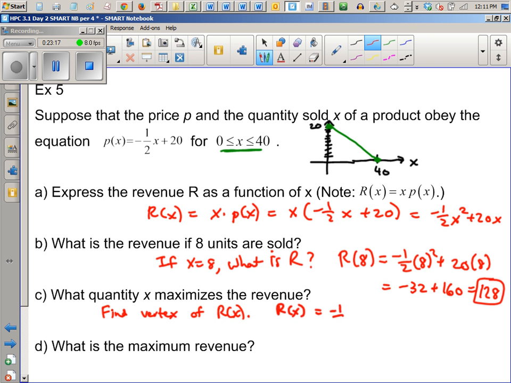It was negative 1/2 x squared plus 20x, and I'm going to factor out that negative 1/2. Okay, and I'm also going to add in the magic number, which in this case is 20 squared, 400. Don't forget to keep it balanced.